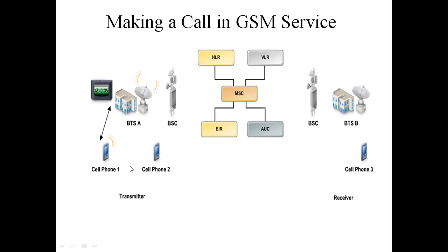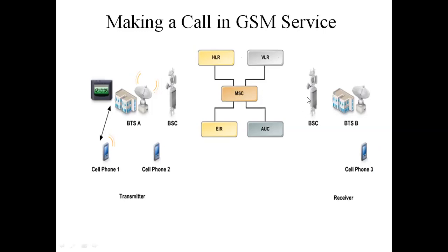Now the MSC queries again. The MSC is every time connected with HLR, VLR, EIR, and AUC, as we have just seen in the previous slide. So now the Mobile Switching Center queries the home location register and visitor location register, and based on the information obtained, it routes the call to the receiver's base station controller and base transceiver station.